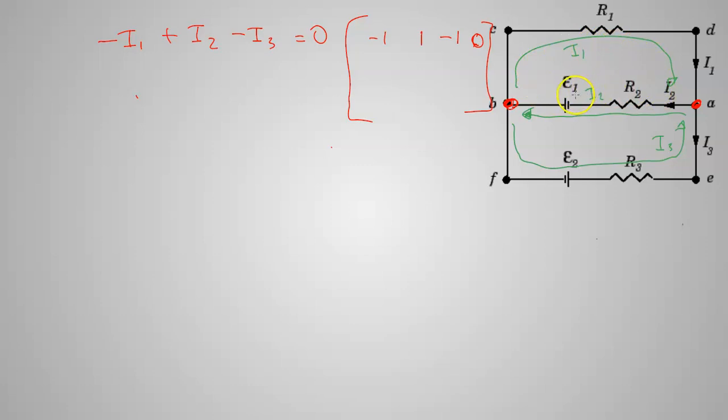So I'd probably start anywhere I wanted to on that loop and do this one. And then I'd probably come down here and say, well, gee, I could come this way and that way. I'm following the green arrows as much as possible. You can go the opposite direction, but you have to change the signs. If I go backwards across a battery from here to there, it's not a voltage gain anymore.